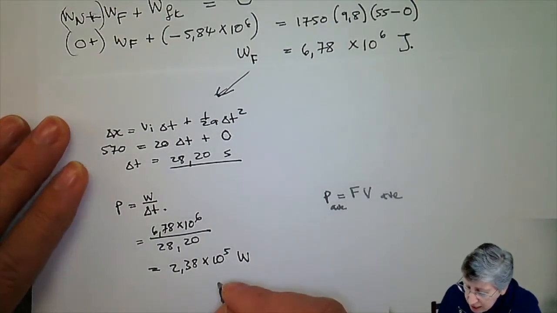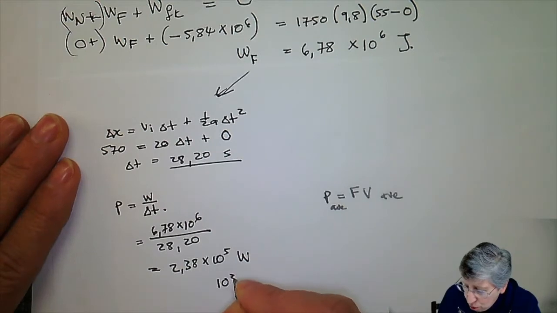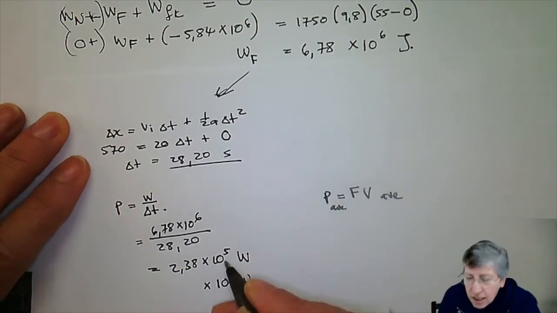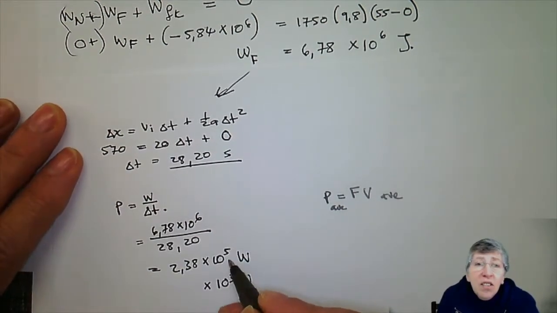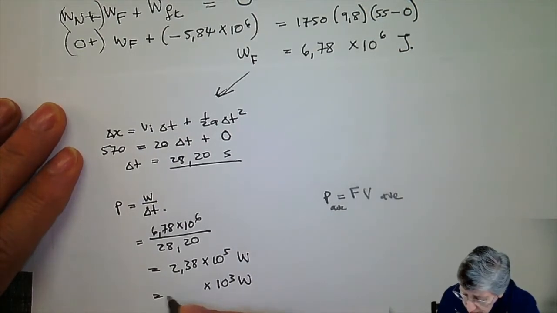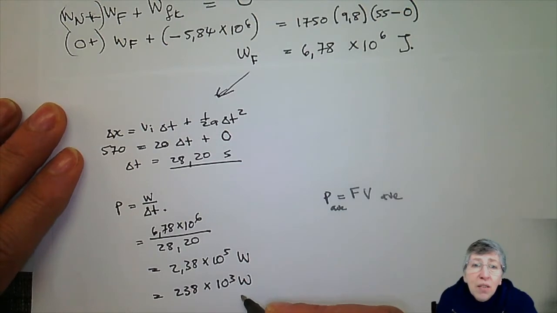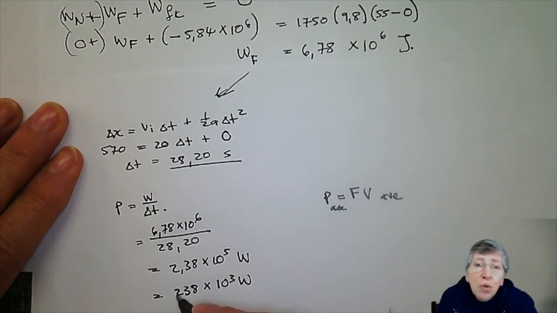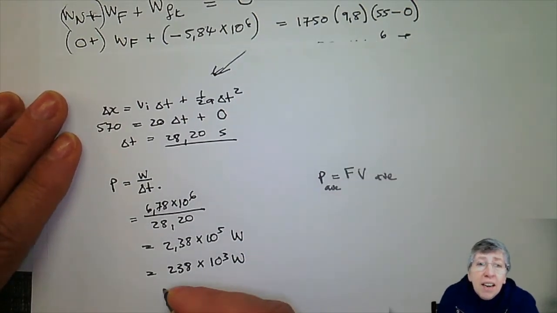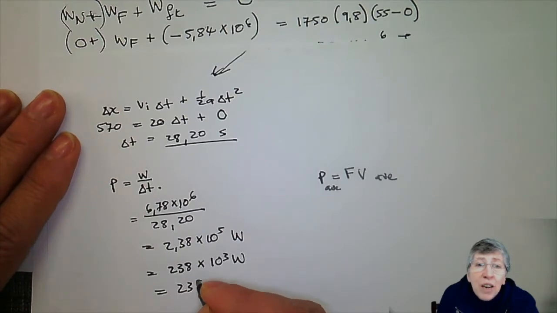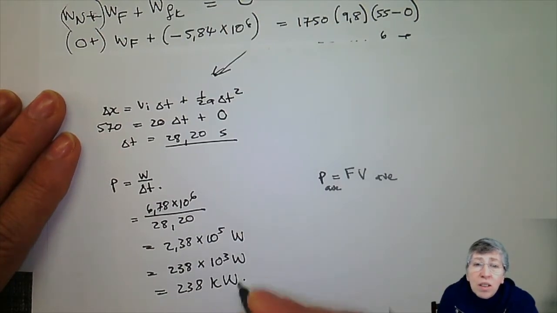Now what is kilo? Kilo is 10 to the third. How do I get to 10 to the third? I take 100 of that and already multiply that in there, so that's 238 times 10 to the 3. I've used 100 of that already to multiply, and that means I end up with 238 kilowatt.